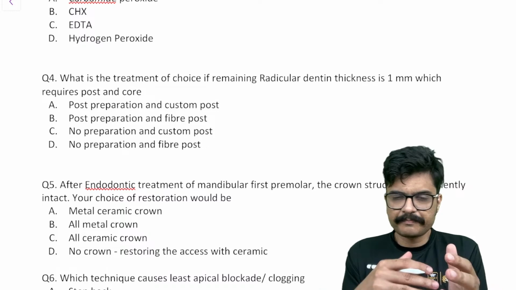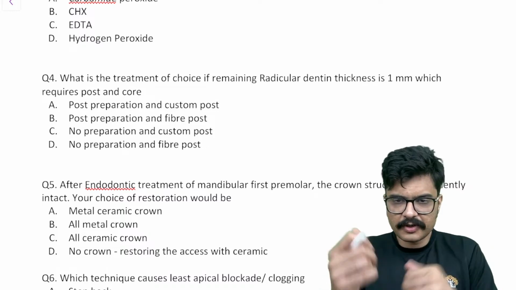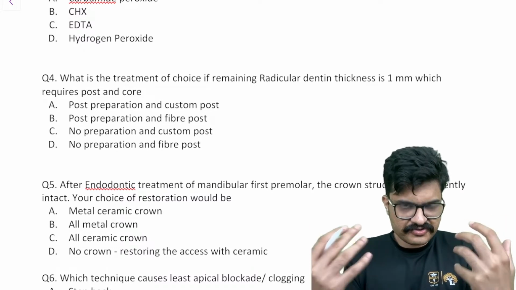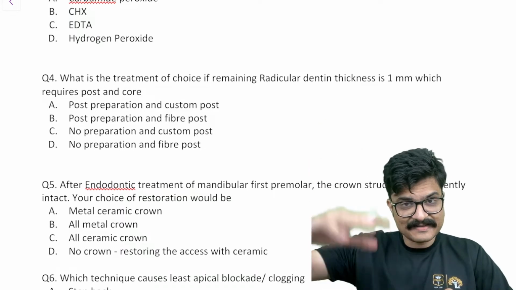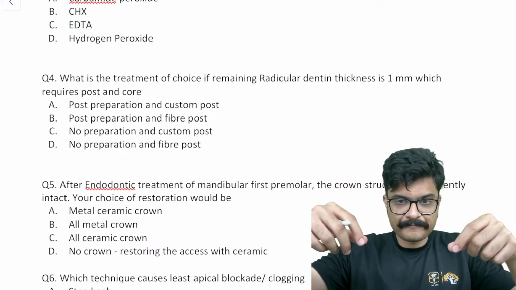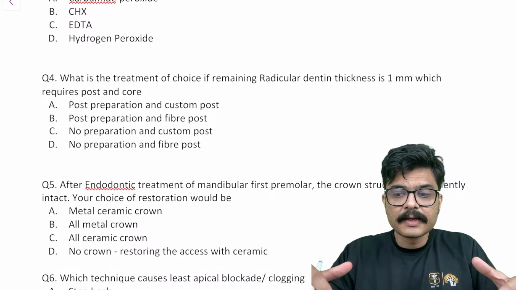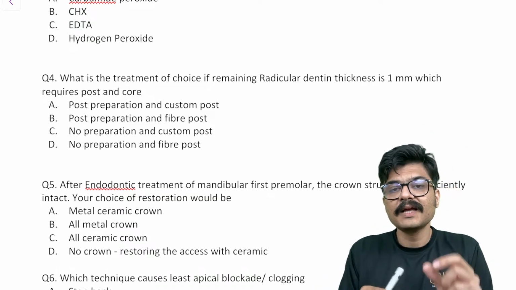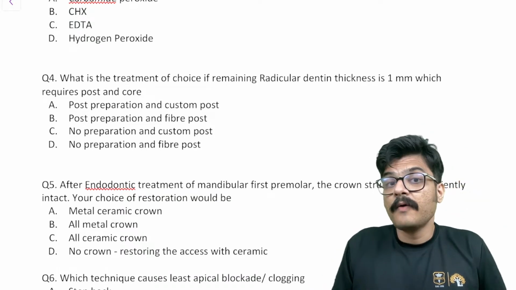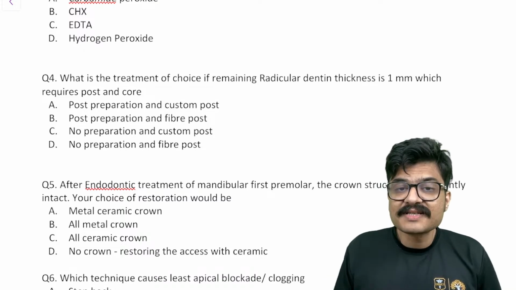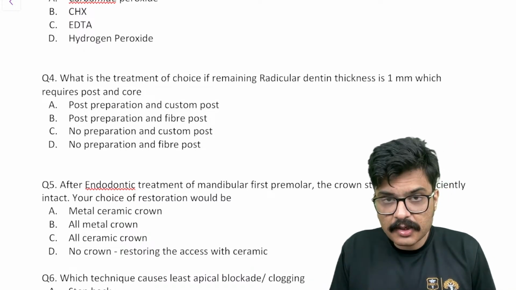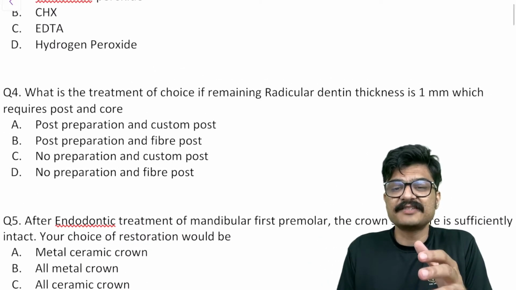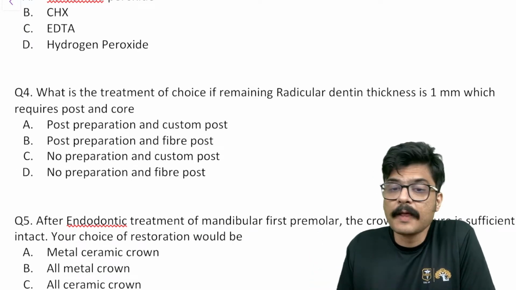Because of caries, when you've removed all your caries, done all your filing, completed your BMP, your coronal tooth structure, irrespective of its height, the thickness of the walls, buccal, lingual, mesial, distal walls, has been rendered very less. All right? Just about 1 mm. Then what kind of post and core system and what kind of preparation should you be doing? Now, this question has been answered only in Engel and not in Cohen.